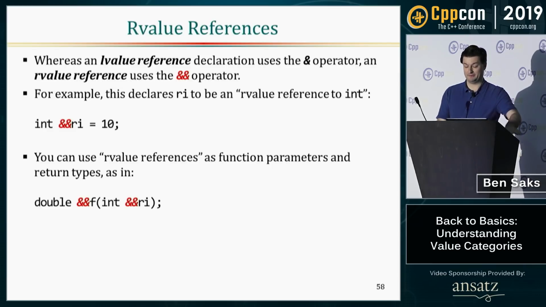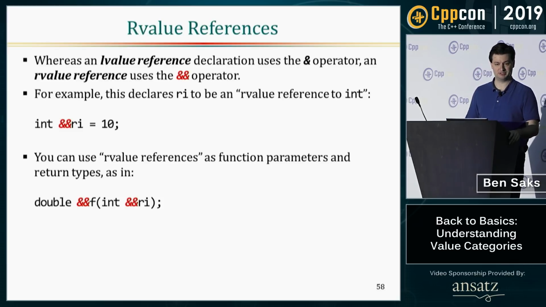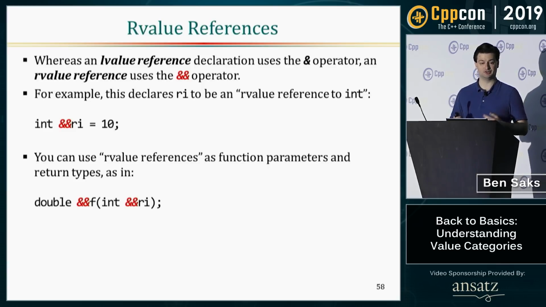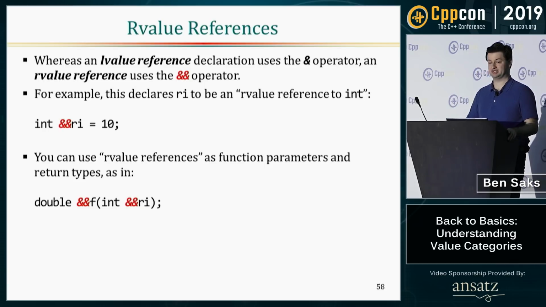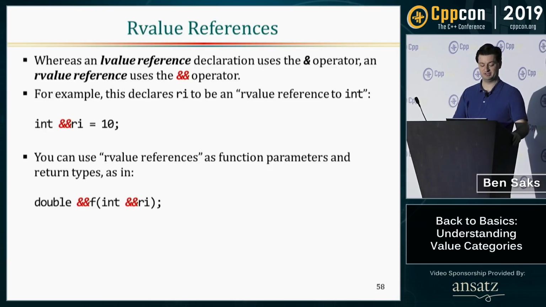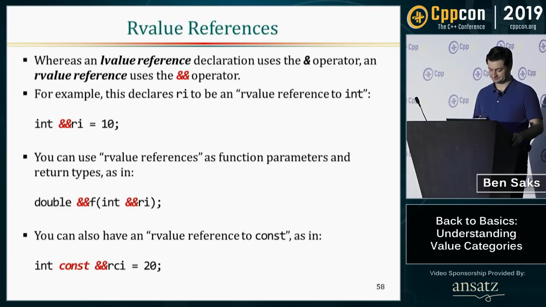So Rvalue references can appear in lots of different places, but they're typically used as function parameters and function return types, just like lvalue references are traditionally. We usually don't create reference objects on the stack and pass them around. They're usually used as function parameters and return types.